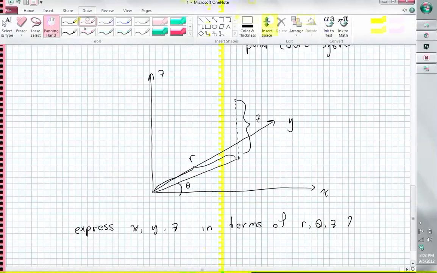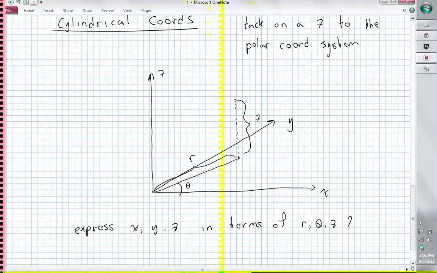So if I have a particular point in polar coordinates, can I find these red values, the X, Y, and Z?